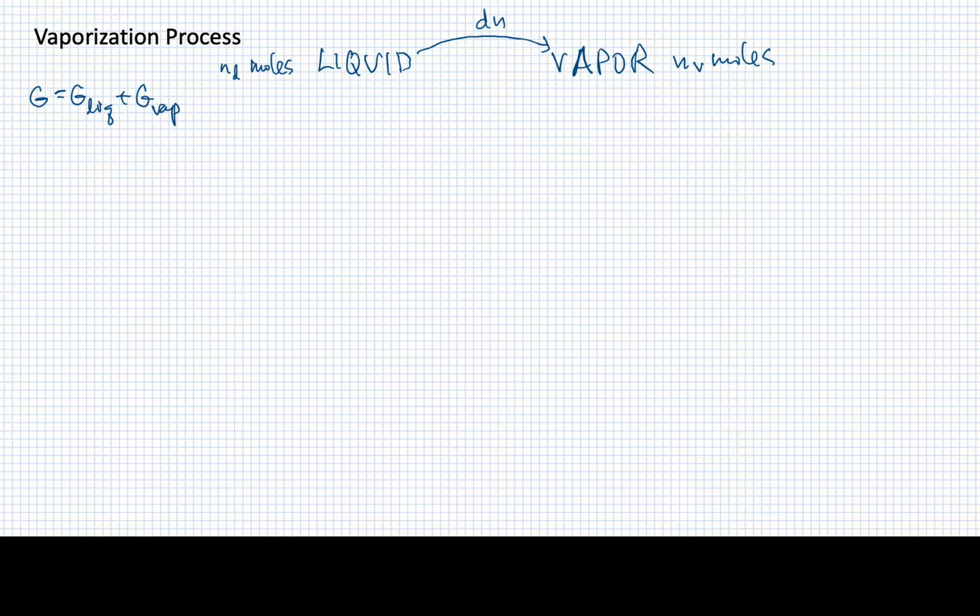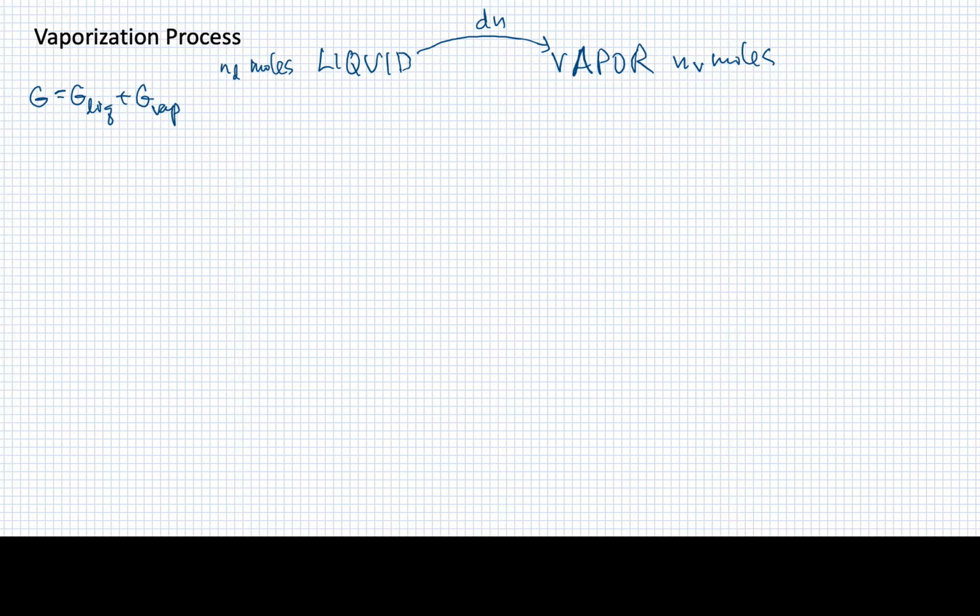I don't want to necessarily assume that those are the same. In fact, at many temperatures, those are very different, and we want to make sure that we're accounting for the phase of our substance as well as other things like the temperature, the pressure, and so forth. So these things may end up being different.